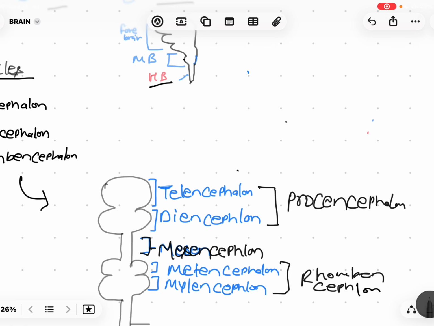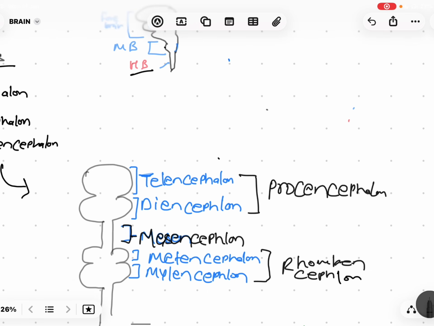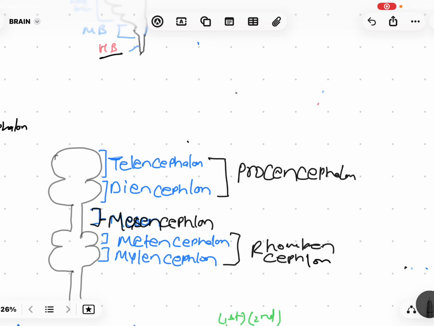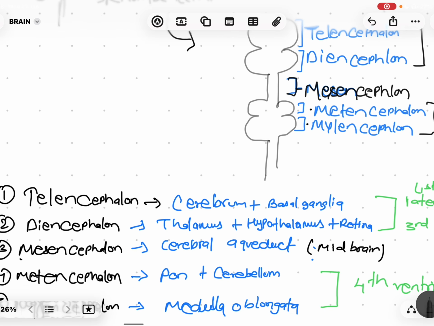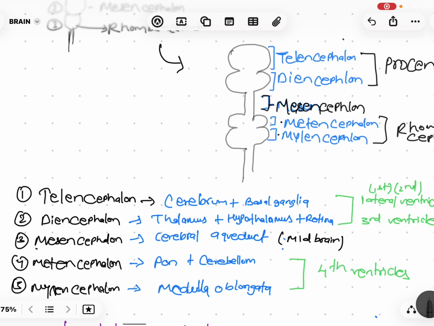The prosencephalon divides into telencephalon and diencephalon. The mesencephalon stays the same; it doesn't divide. The rhombencephalon divides into metencephalon and myelencephalon. The telencephalon consists of the cerebrum and basal ganglia.